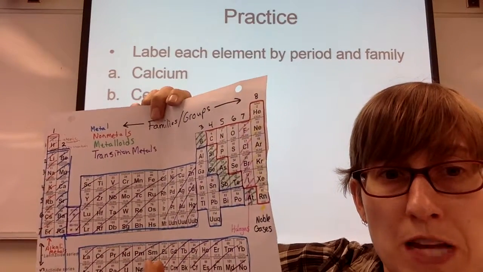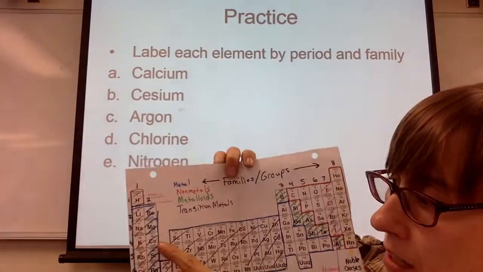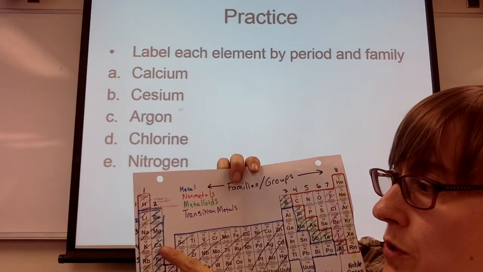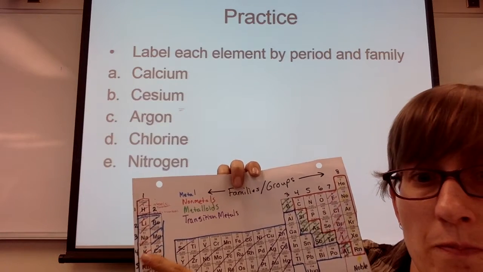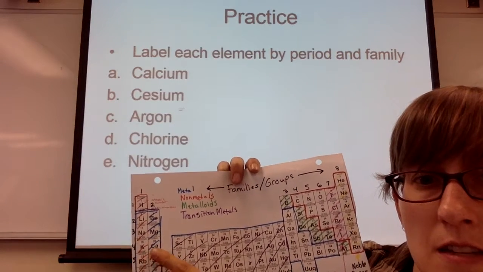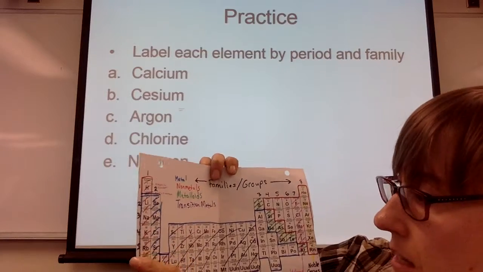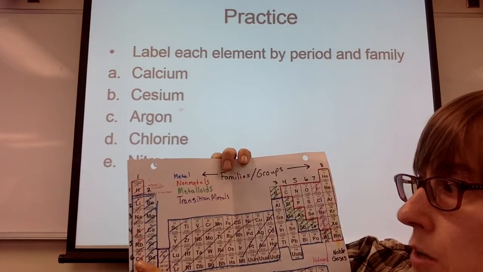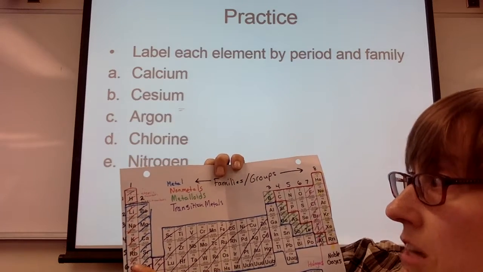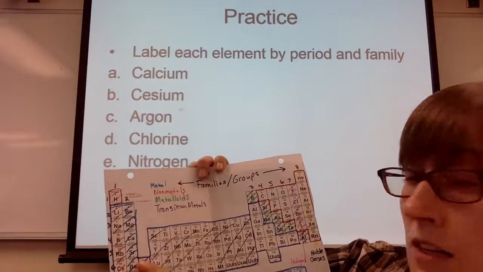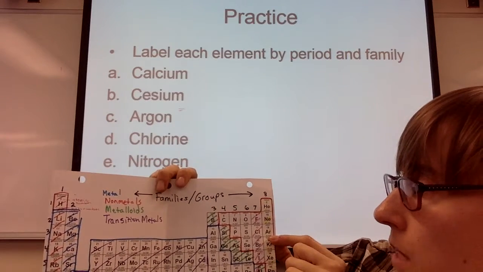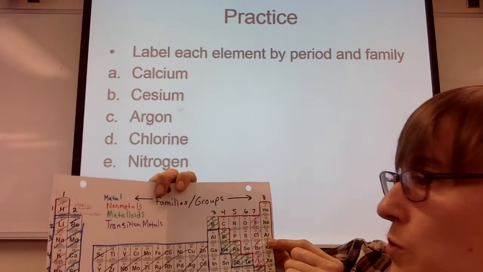So if you stopped the video, you probably found that calcium is in family 2, period 4. Calcium is Ca. Cesium is in family 1, period 6. Argon is over here, so that is in family 8, group 3.